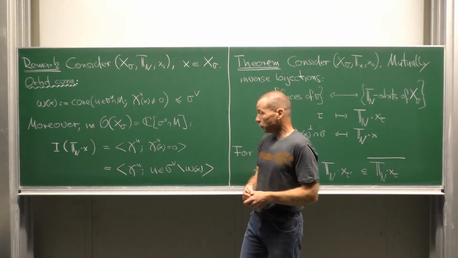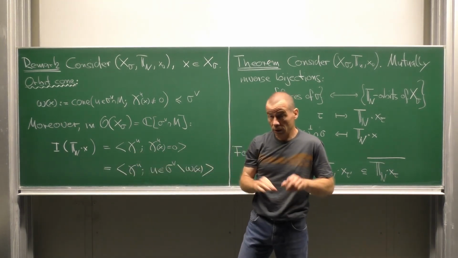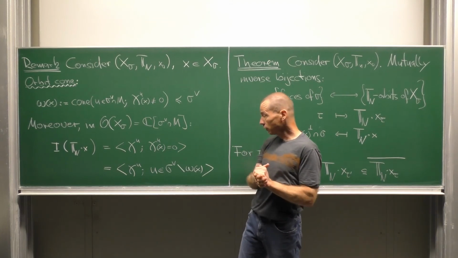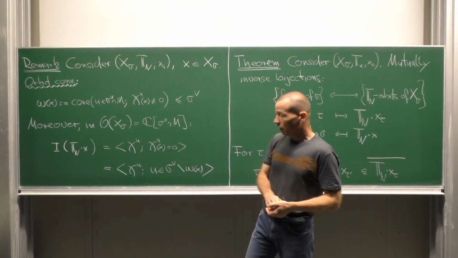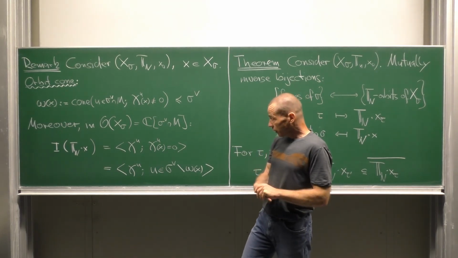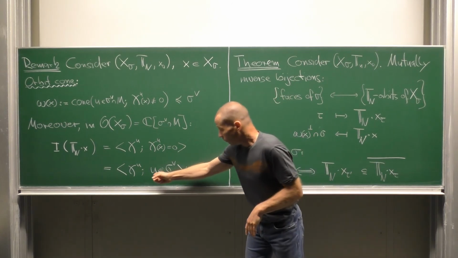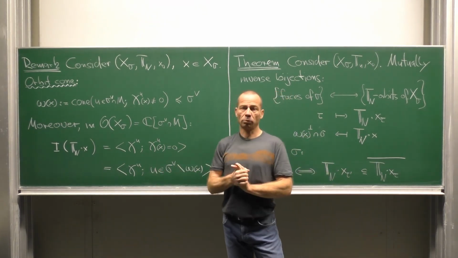Moreover, we can write down the vanishing ideal of the torus orbit through our x in the algebra of functions. The first thing is to realize that this vanishing ideal is generated by character functions, those that vanish on x. And the second thing is to see that these are the character functions where u stems from sigma dual but is not in the orbit cone.